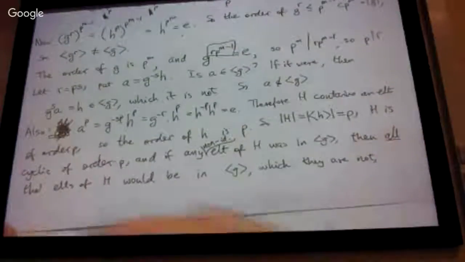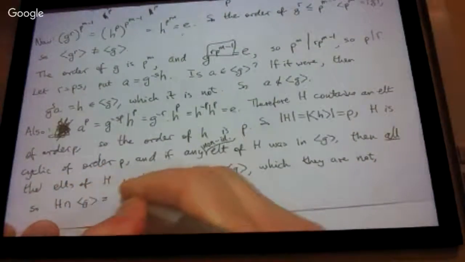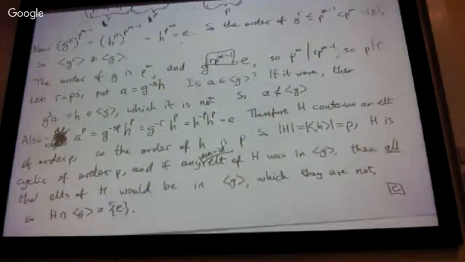They are not. So the only thing they can have in common is the identity, and that's the other proof of the claim. We still haven't proved the lemma.